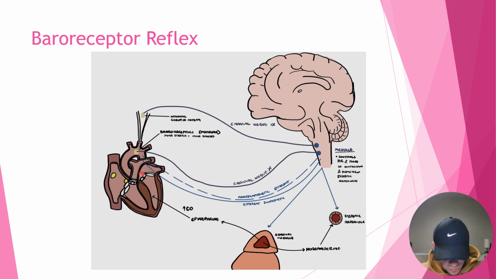So when there's pressure put on it, it'll send that signal to the cranial nerve, and then the cranial nerve will tell the medulla, the control center, hey, this is going wrong. So it'll send a parasympathetic or a sympathetic response to that, depending on what's happening.